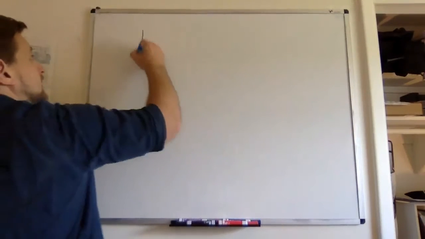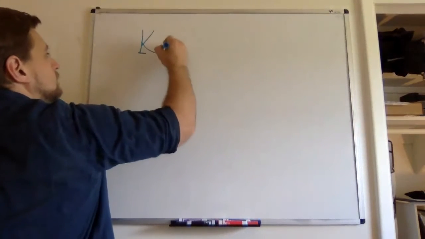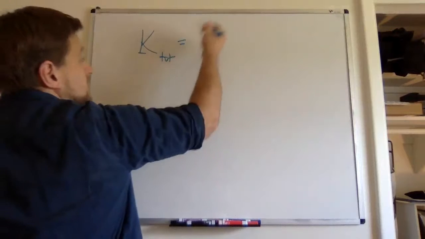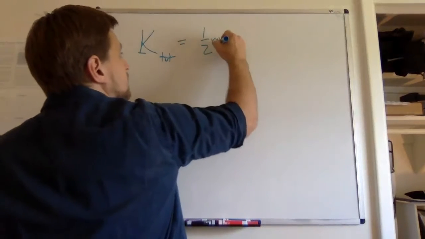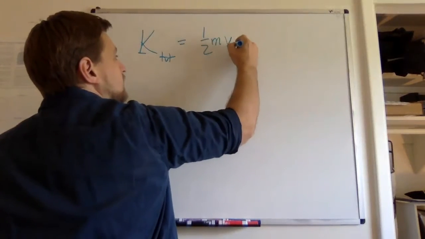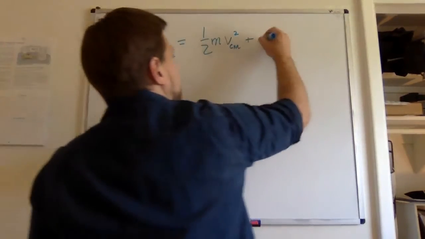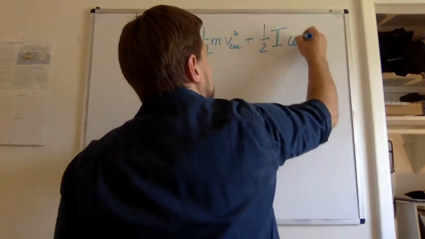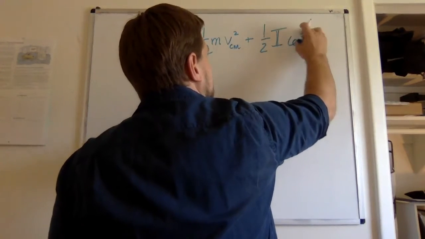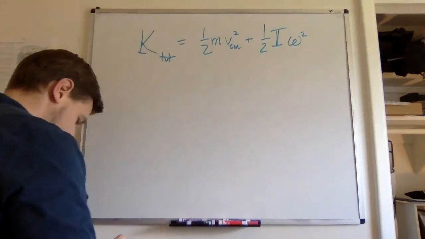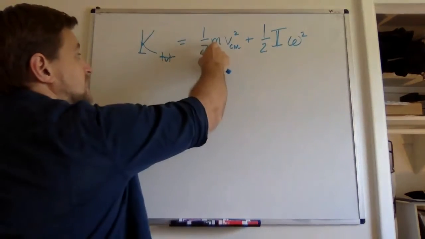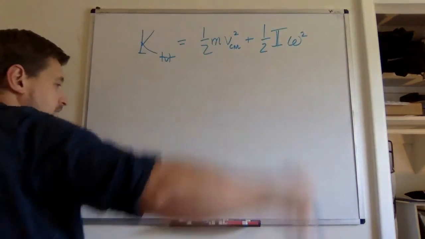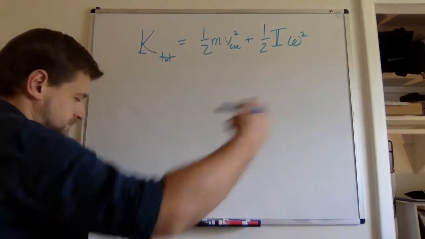So we could try to talk about the total kinetic energy if the object is doing both. We might need to talk about the velocity of its center of mass, its moment of inertia and its angular velocity. Note that this is m total, the total mass that's moving to the right.